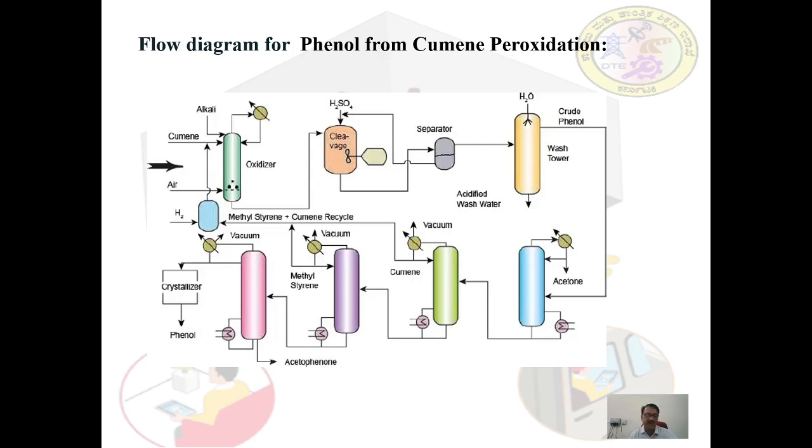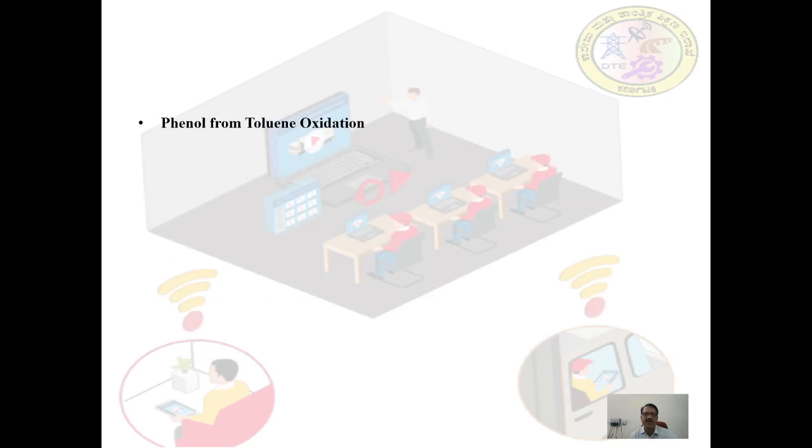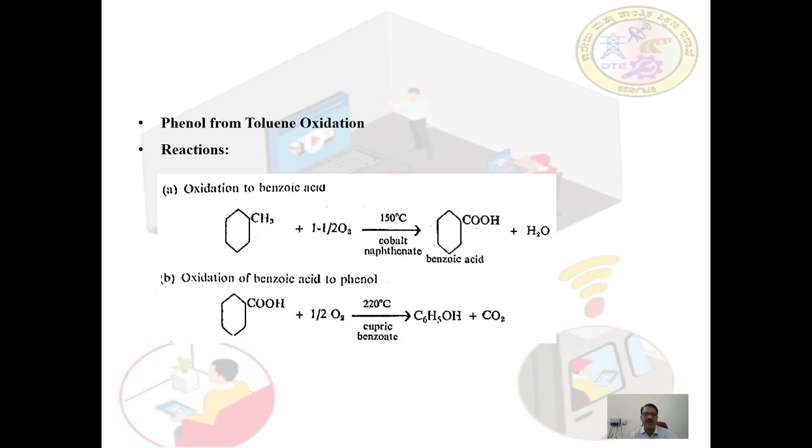The next process is phenol from toluene oxidation, or toluene two-stage oxidation. Here we can see the reactions. First is oxidation to benzoic acid: toluene is oxidized to benzoic acid in presence of cobalt naphthenate as catalyst at a temperature of 150 degrees Celsius.